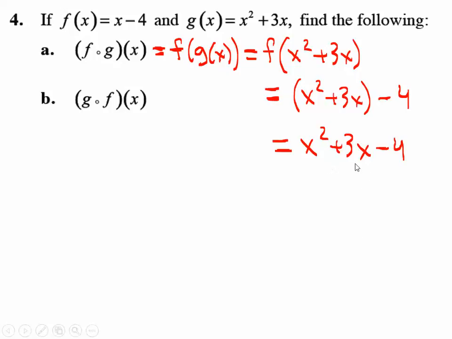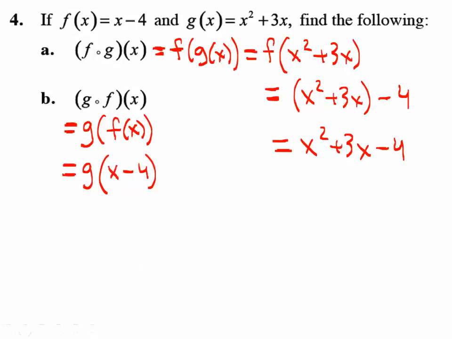Alright, and then the other way. This one we're going to do g of f of x, and these are different from each other. So we're going to plug the f function into the g function. The f function is subtracting off 4, so x minus 4. Let's take this and plug it into x squared.